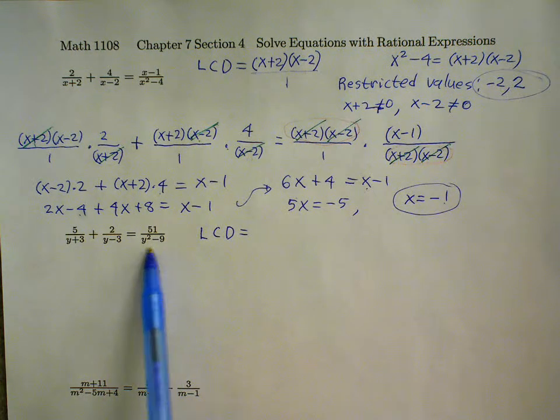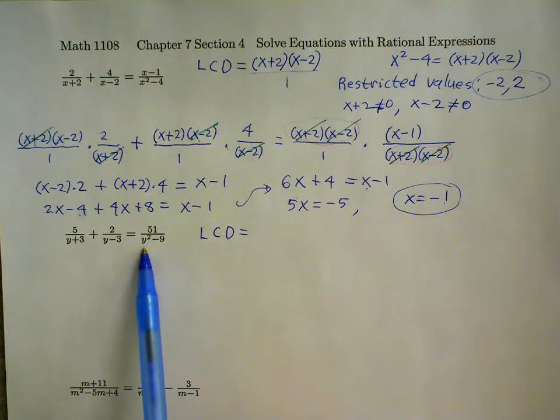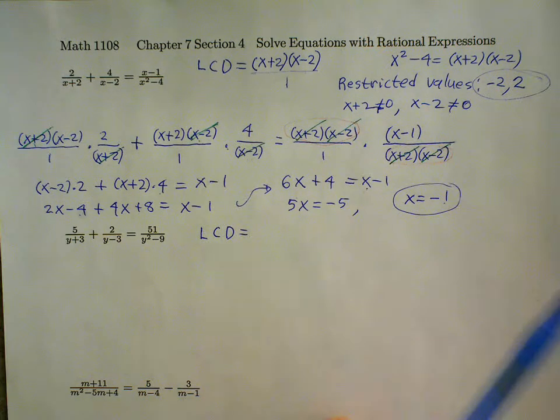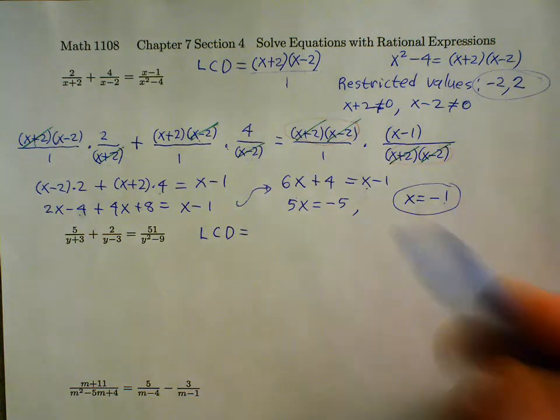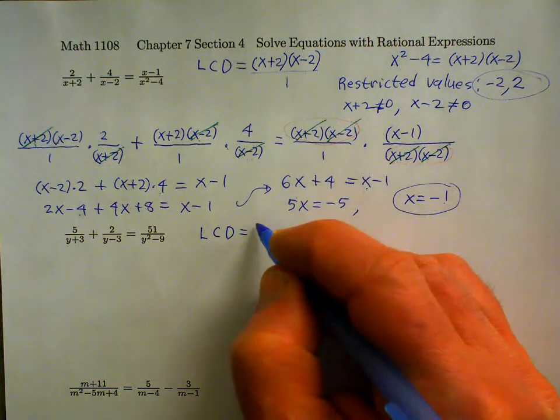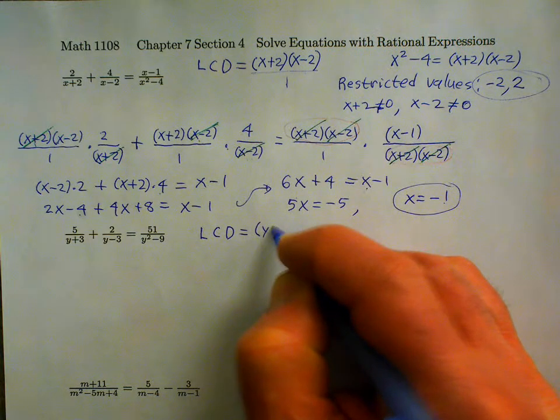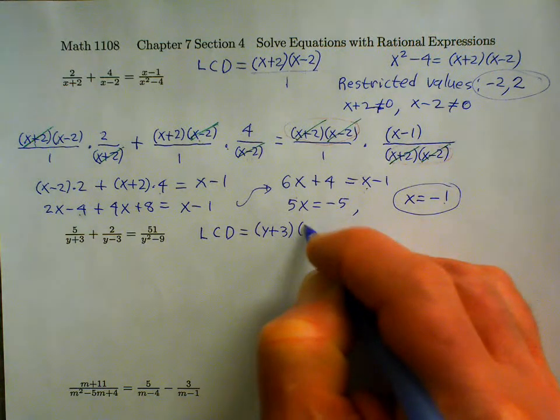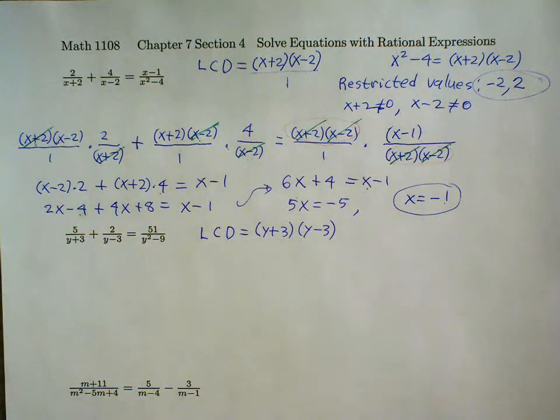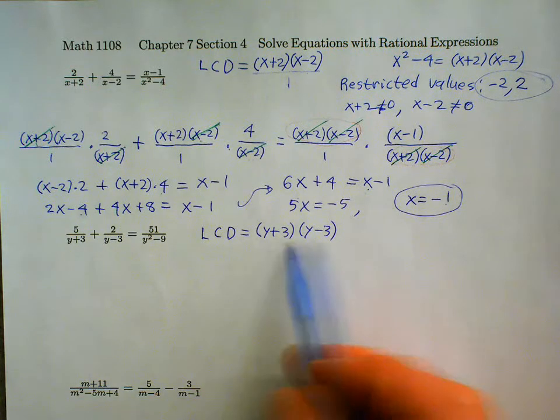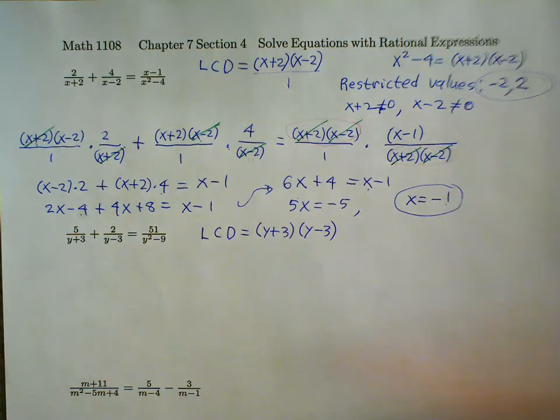In the third denominator, y squared minus 9, that's a difference of squares, which is y plus 3 times y minus 3. So in factored form, the least common denominator is y plus 3 times y minus 3. But that equals y squared minus 9.